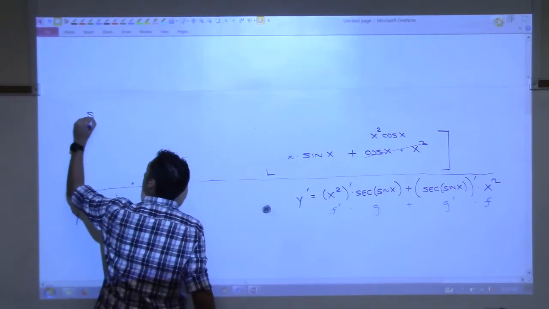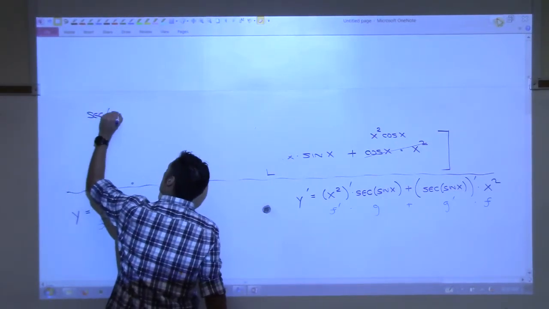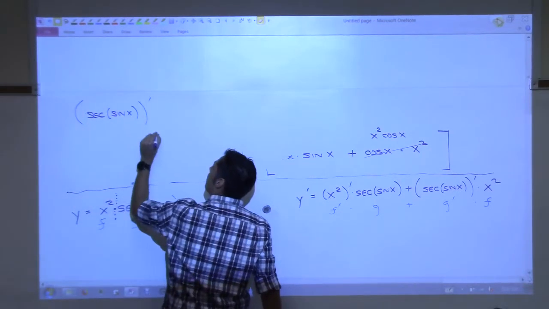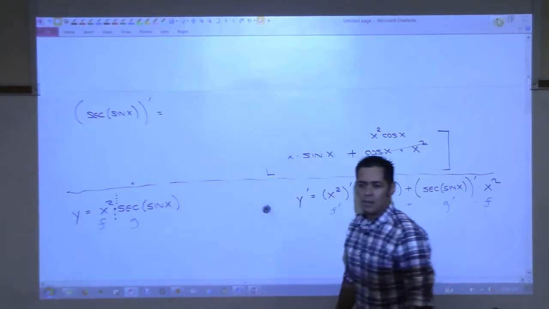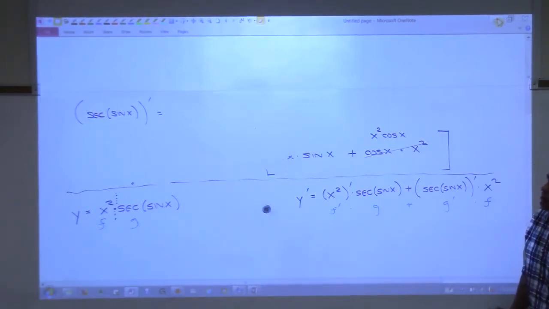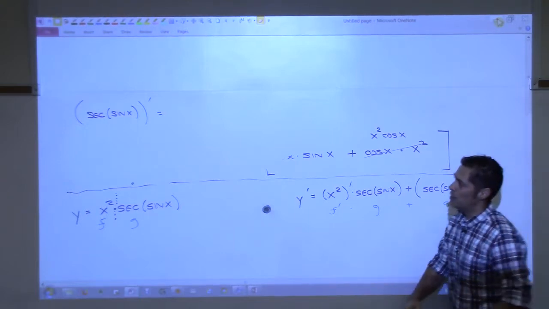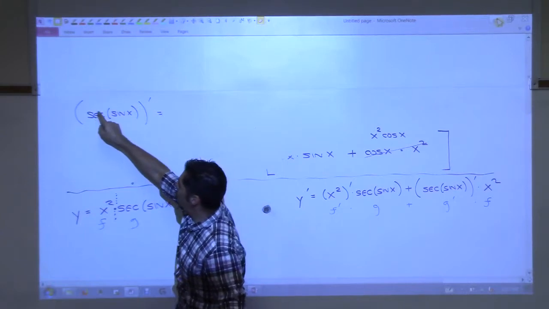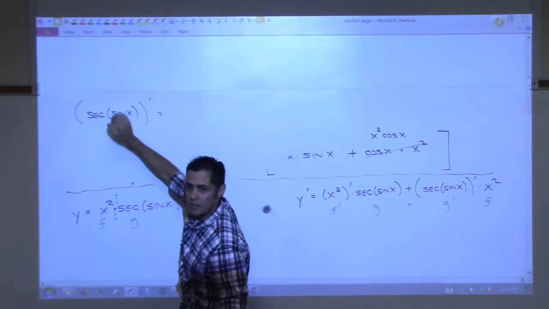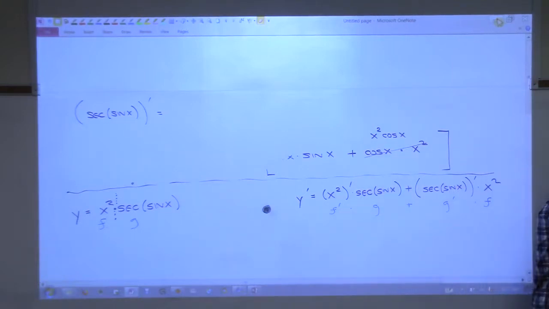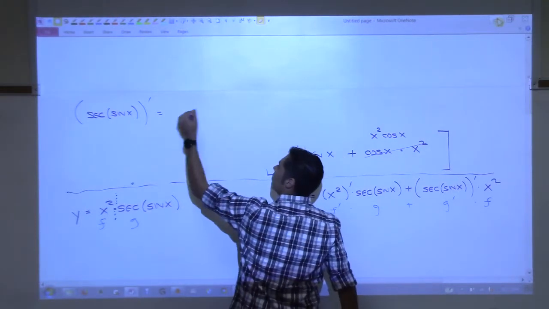I'm just going to write down secant of sine x. If you were asked to take the derivative of that, you would have to use chain rule. So you'd start with the outer function, which would be what here? Secant. So I'm trying to take the derivative of secant of something, right? The derivative of secant of something is secant of that something, tangent of that something. So what's my first little piece here?